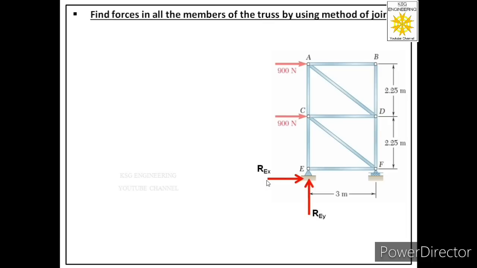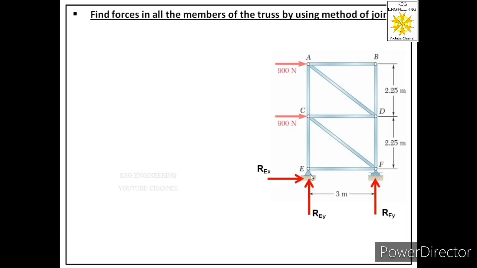So we have shown that reaction along its surface and we have labeled that reaction as reaction at E in X direction. And we have assumed that this reaction is acting towards right. So at roller joint we have shown its normal reaction and we have assumed its direction in upward direction and we have named it as reaction at F in Y direction.